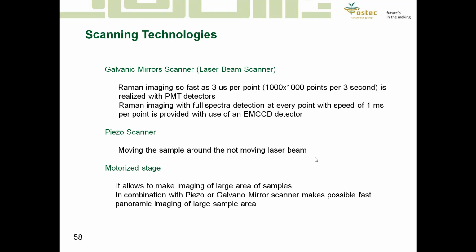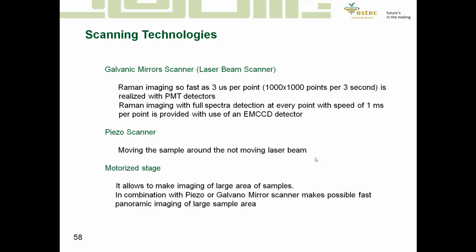It can go down to nanometer level, and it is useful when you have to operate at the highest XY resolution, about 200 nanometers. In this case, of course, the piezo scanner can show advantages with respect to a motorized stage.